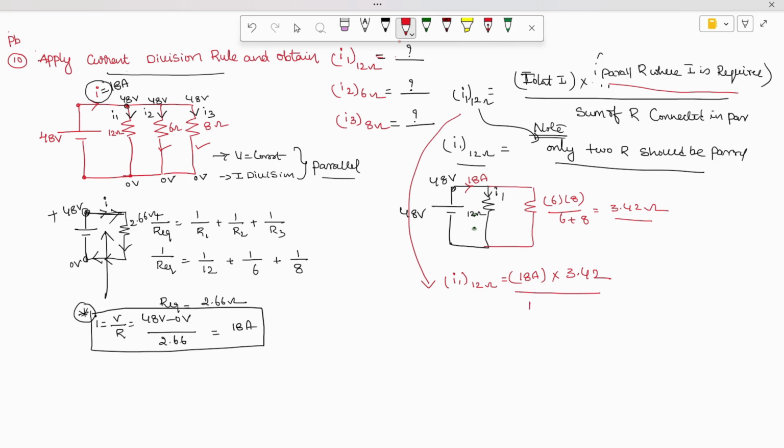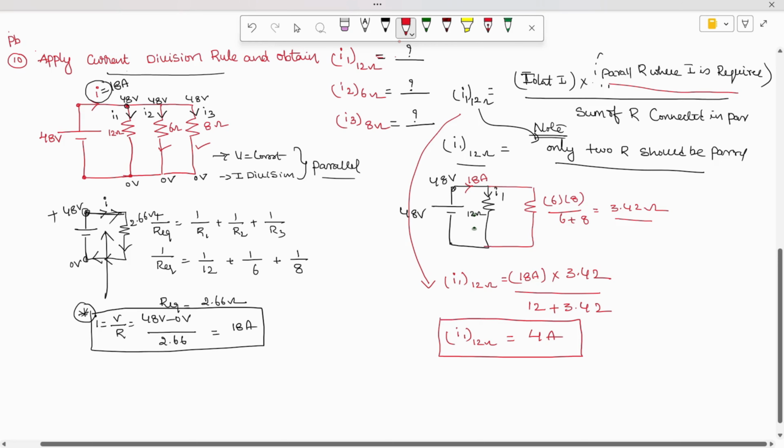First resistor is 12, and the other resistor which is connected in parallel is 3.42. If you calculate this, you are going to get 4 amperes. So successfully we solved the first part, which is nothing but 4 amperes is the first current.